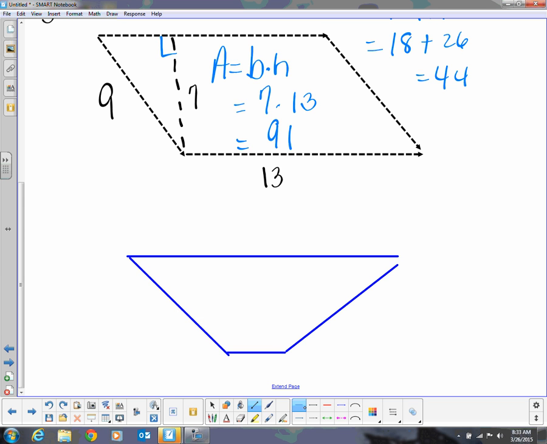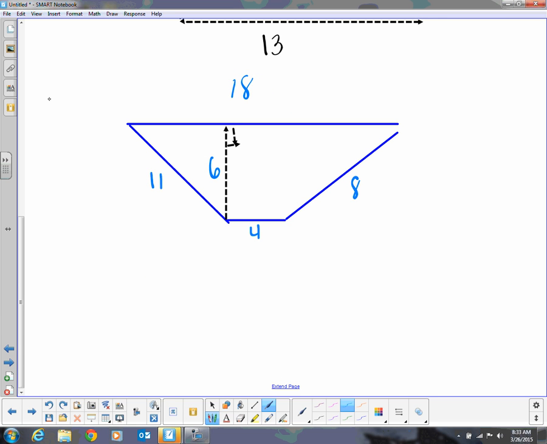I had a really tiny top. Did you notice that? All right, this whole thing is 18. This is 8. This is 11, and this is 4. And this is 6. This is number 8. What's the perimeter?